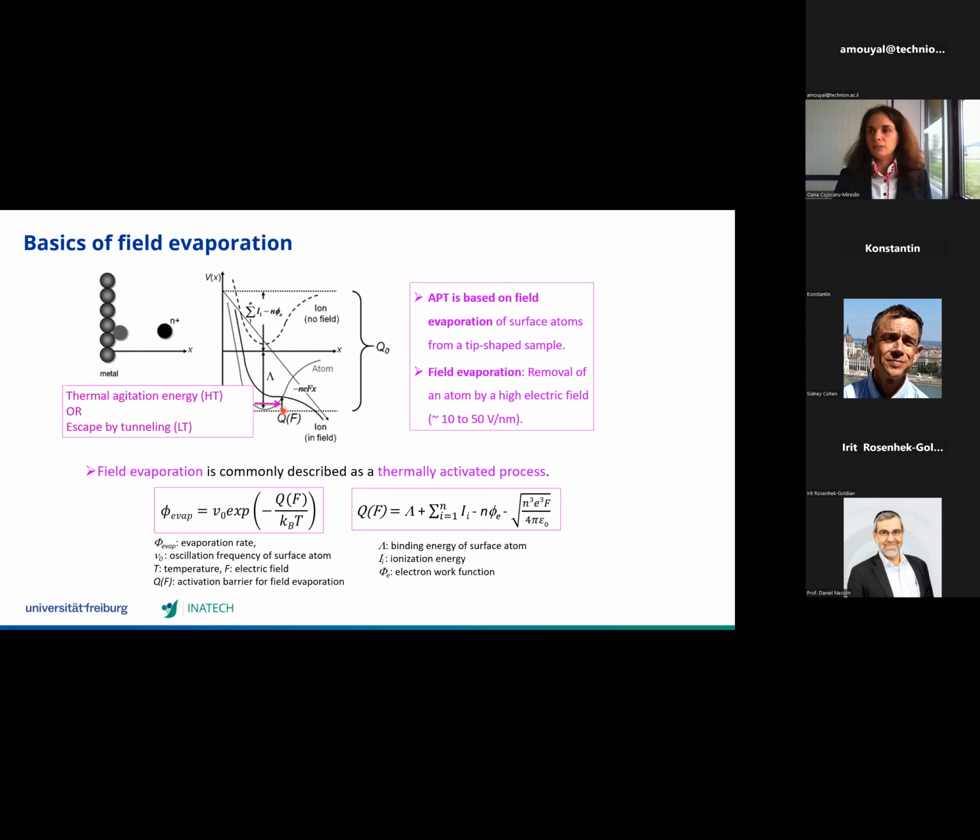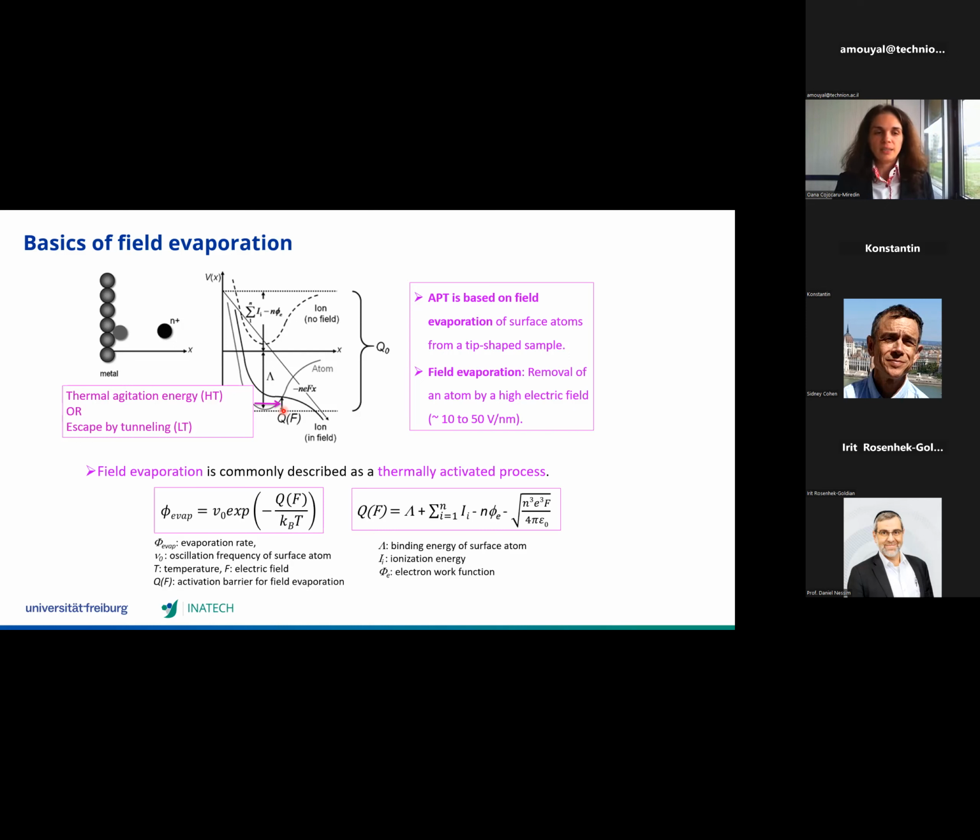If we apply a voltage pulse, or voltage mode, then we are in a low temperature condition, and overcoming this barrier is done by tunneling. Because I'm working with semiconductors, a laser is a must to have as part of the atom probe.